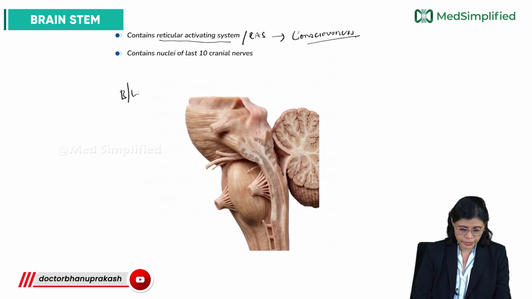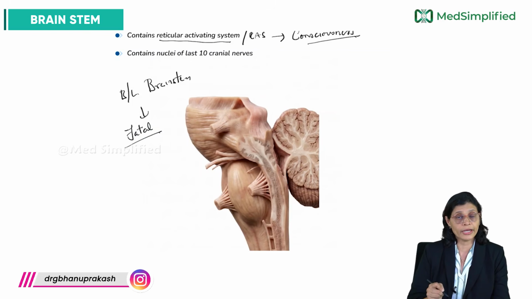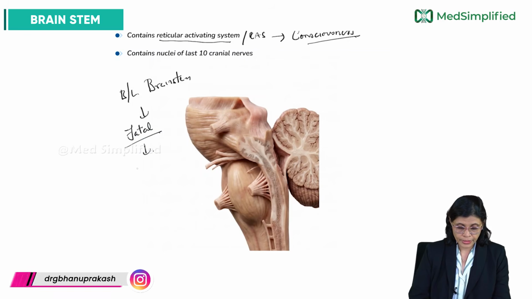That is why knowing the anatomy of this brainstem is very important, because if the brainstem is bilaterally destroyed, or there are destructive lesions of the brainstem, it is very fatal. Bilateral destruction is fatal because there are vital centers in the brainstem.